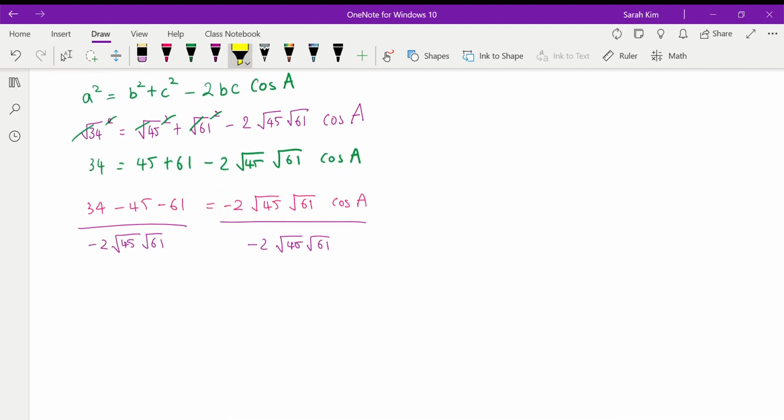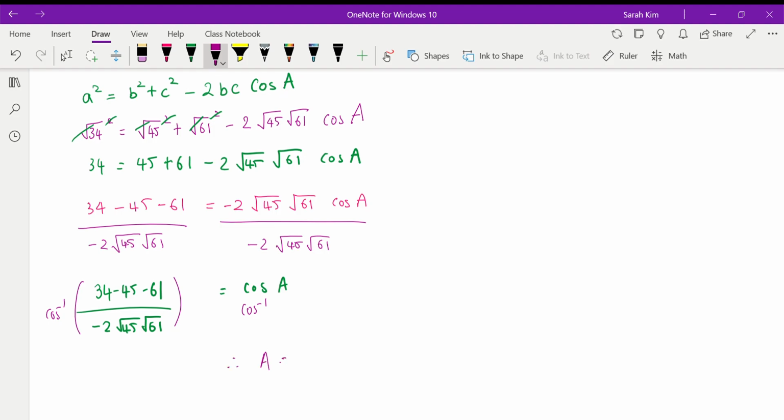I'm going to simplify the right hand side as cos A. So this is what I get so far. And then in order to just get rid of cos, I do inverse cos to both sides. So therefore my A is just inverse cos of all of those numbers. And I should be able to chuck it in the calculator.